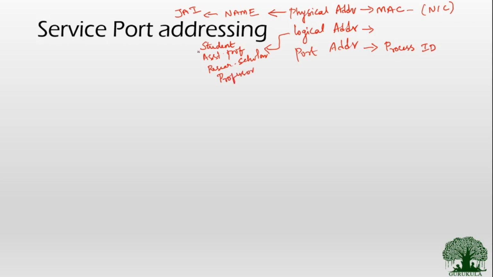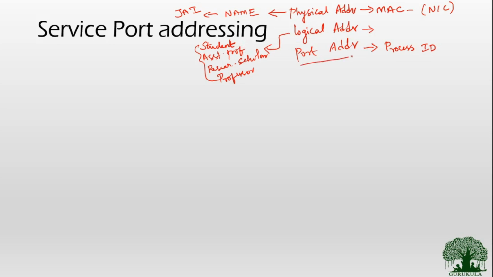So these are all the various designations which I hold in my career. This is what I can closely relate to a logical address. The address which I possess is assigned to me in a logical way. It depends upon the place where I am working or studying, or upon the role that I am playing. That is what we call the logical address.